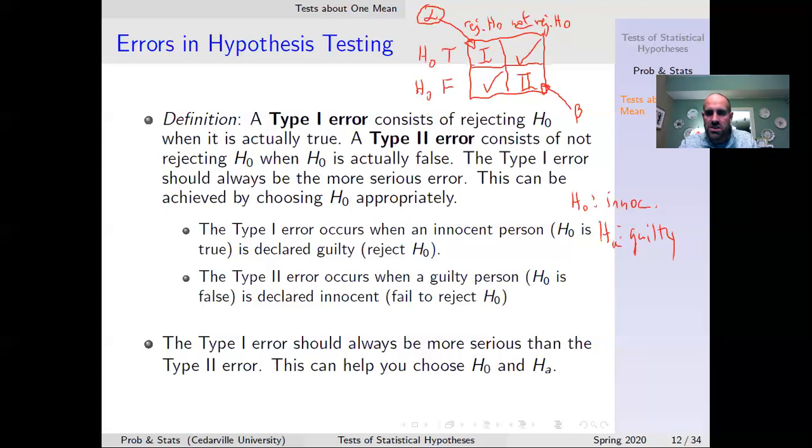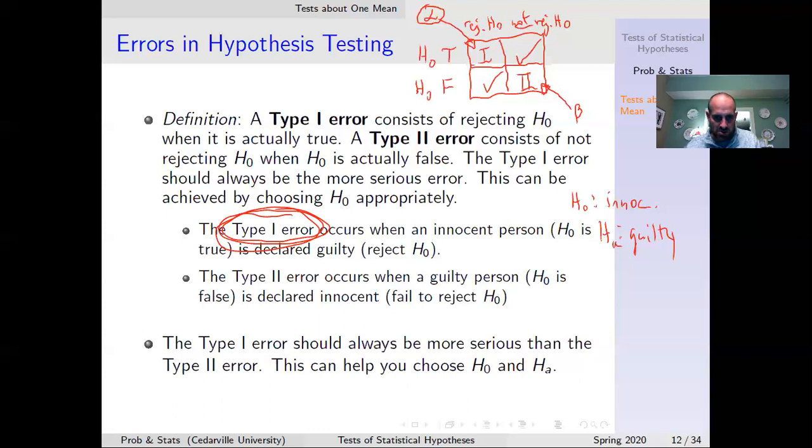Convicting an innocent person or acquitting a guilty person? Well, we might quibble about that a little bit, but it does seem like convicting an innocent person is more egregious. So that's the one you would want to control, okay? So that's why we really hone in on the type 1 error. We want to control the percentage of time that happens because that's not good at all, okay?